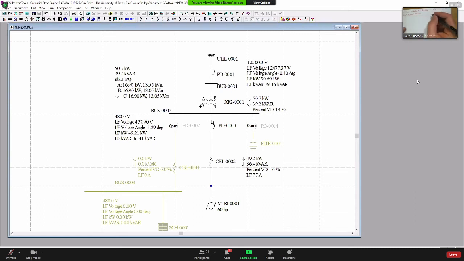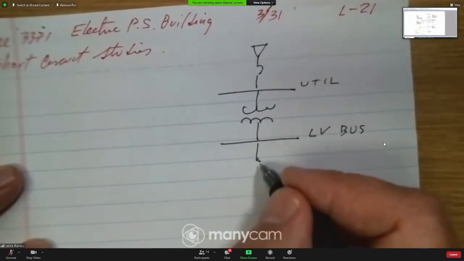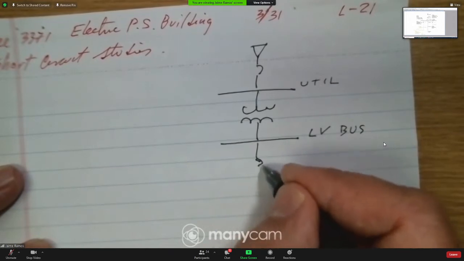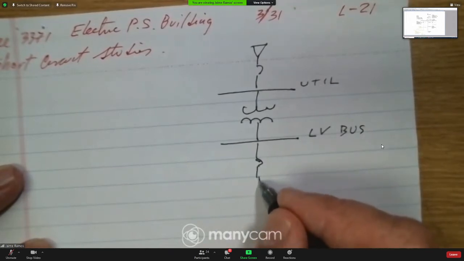So for example, here in our network, we have the utility bus, and then we have the transformer, and then we have the low voltage bus. Then we have the cable. Now there is another breaker here. Then the impedance.